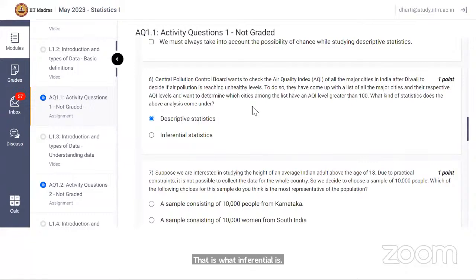When you collect the data and make some conclusion about that data, then it's descriptive. A very simple example: when you were in school, you may have heard from your teacher that the average score of the class is, let's say, 40 or 50. Where is that coming from?